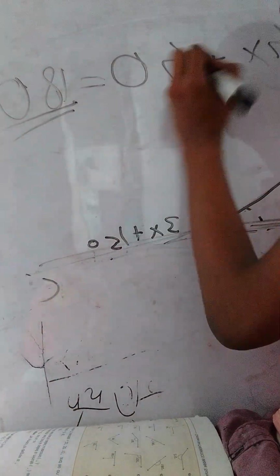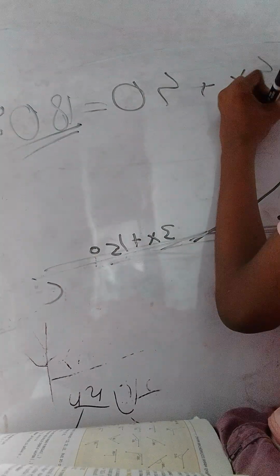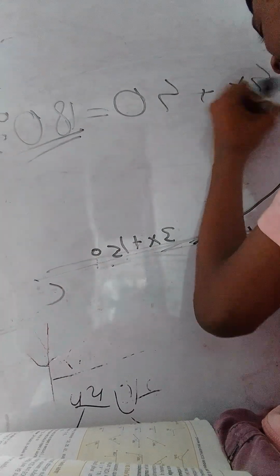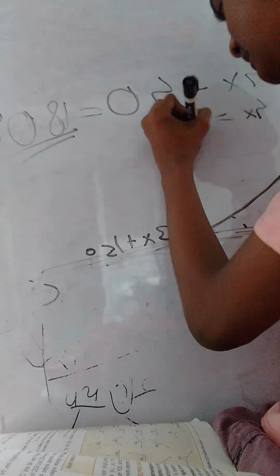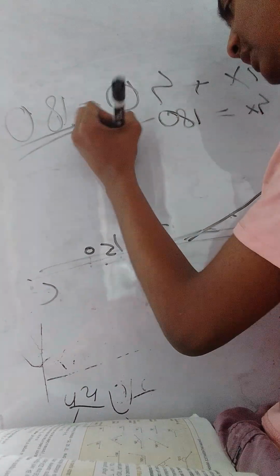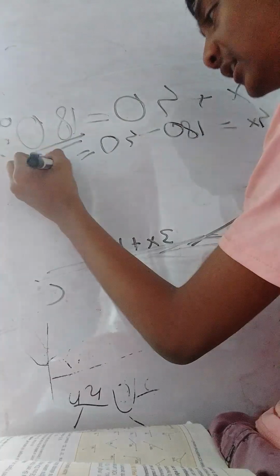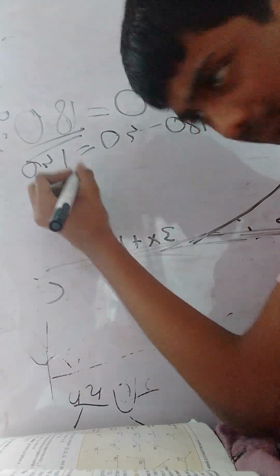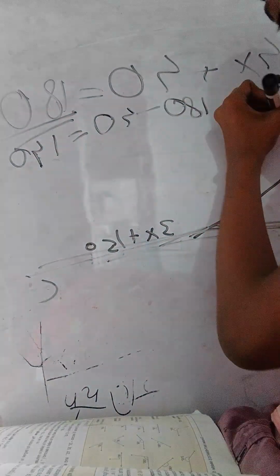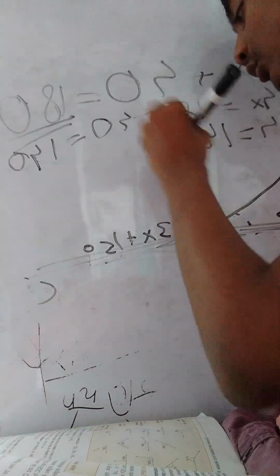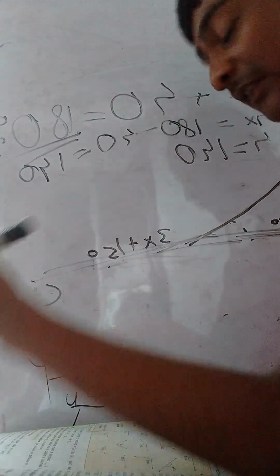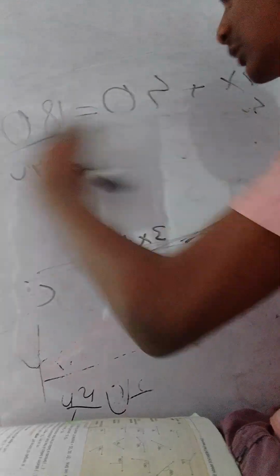Well, since 4x plus 40 is equal to 180, theoretically 4x should be equal to 180 minus 40, which is equal to 140. Now we know that 4x is equal to 140. But now what do we do with this information?